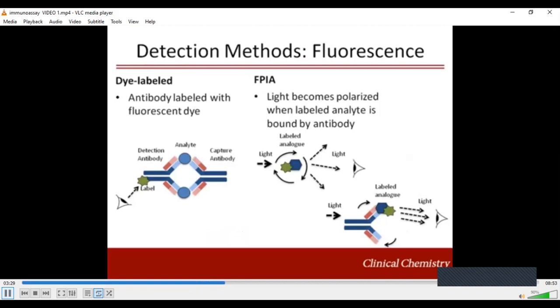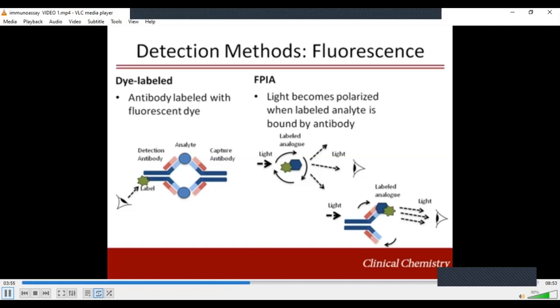Another common type of fluorescent immunoassay is a fluorescence polarization immunoassay that uses fluorescently labeled analogs rather than a labeled antibody. When labeled analog is unbound by antibody, it is free to rotate and there is low polarization of light. When the labeled analog becomes bound by antibody, its rotation is slowed by the mass of the antibody and there is an increase in polarized light. The change in polarization is directly proportional to the amount of analyte in the sample.